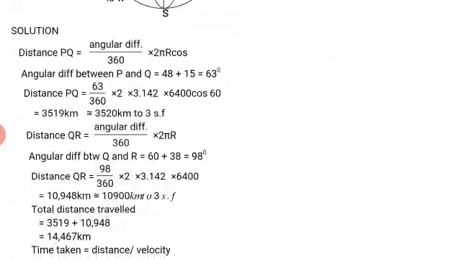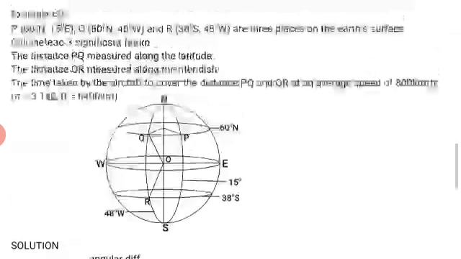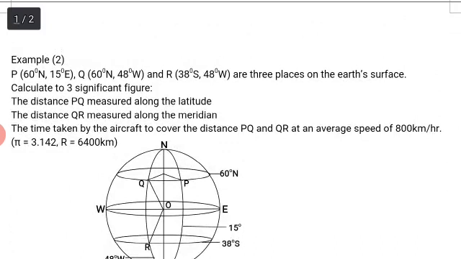Hence, distance QR is given as 98 over 360 times 2 times 3.142 times 6,400, and that gives 10,948 kilometers, approximately 10,900 kilometers to 3 significant figures. That answers question number 2, which is distance QR measured along the meridian.